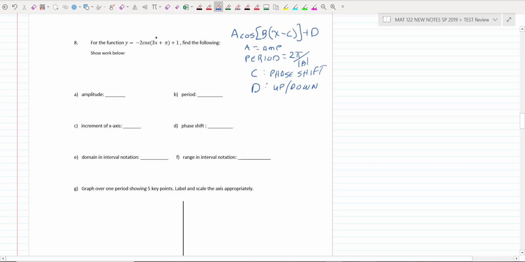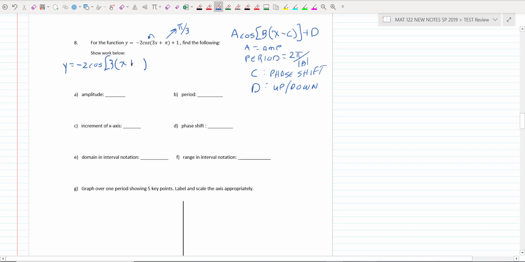The first thing is this is not in a factored form, so that 3 needs to be factored out. So you want to make sure you remember how to do that. So we have negative 2 cosine of 3 times, okay, and we're going to take the 3 out, and then we have x there, and then what goes there is you're always just taking that number divided by this number.